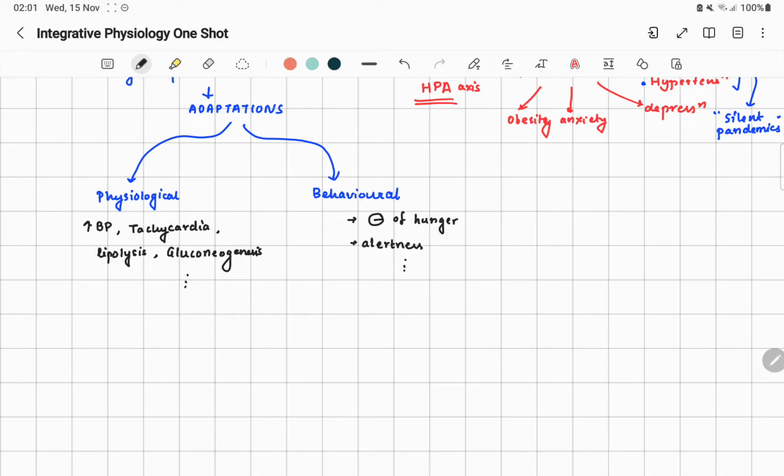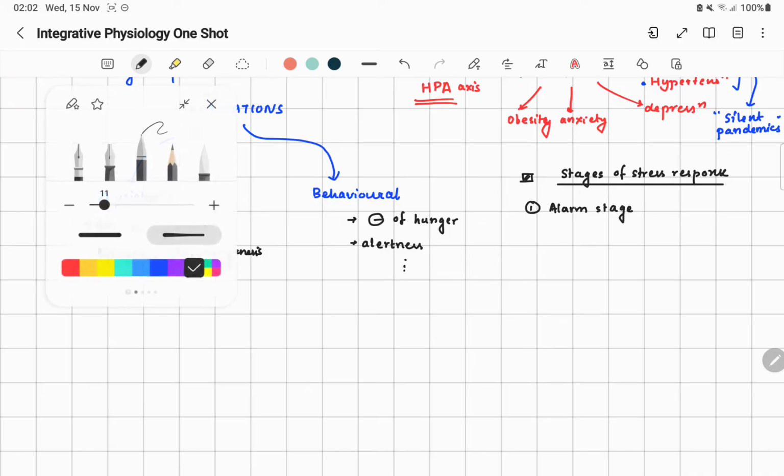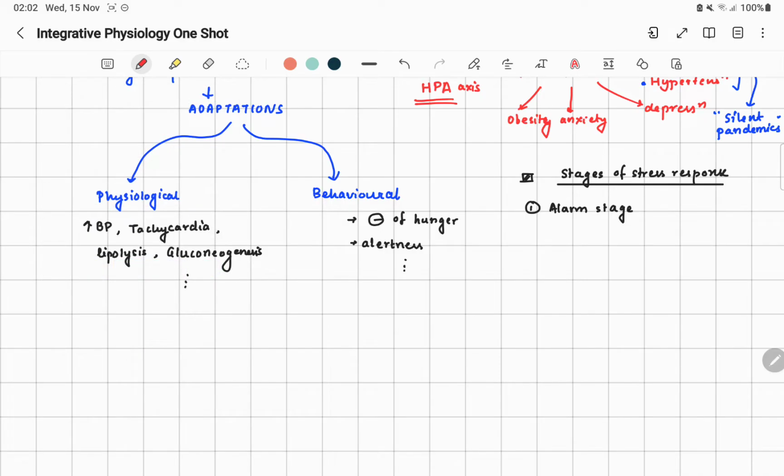So what are the stages of the stress response? We have 3 stages. One is the alarm stage, in which the person becomes aware and feels threatened.